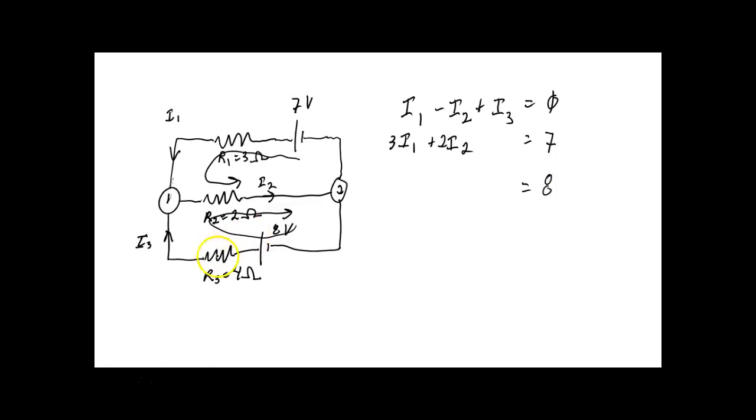And then you have a voltage drop of 4I3. So 4I3, we'll put voltage drops on this side. And then you go through this one, and that's 2I2, and those are added.